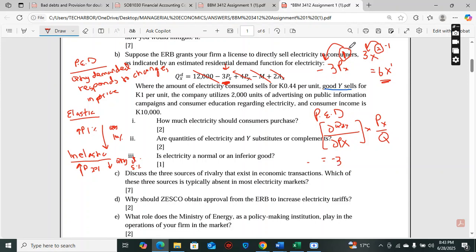Then you subtract 1 from the power of px, 1 minus 1, which is 0. So px to the power 0, and anything to the power 0 is the same as 1. So here we can just write negative 3.